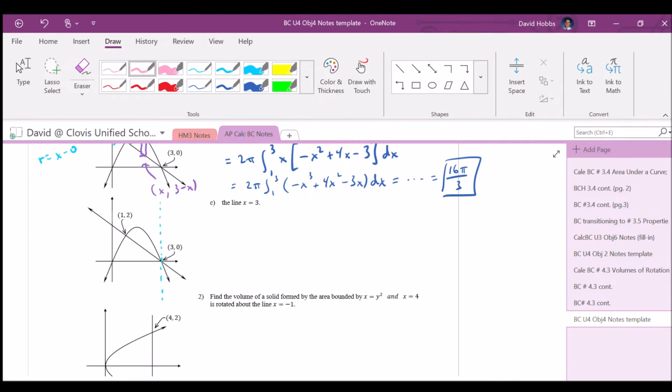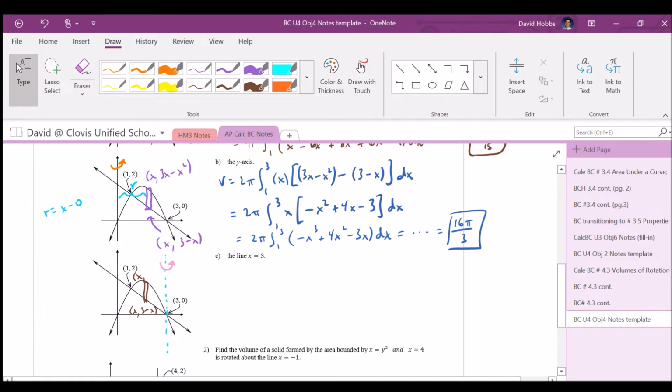And I'm going to go around the line x equals 3. Okay. Now my rectangle, because it's the same region, we want vertical rectangles. There's no way we're going to do anything except vertical rectangles. So x comma 3 minus x and x comma, let's see, what's the top, 3x minus x squared.